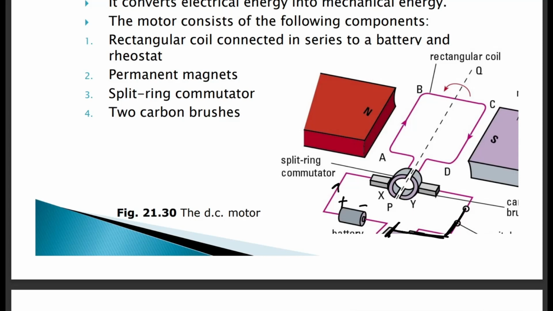Now, the parts that are labeled X and Y are known as the carbon brushes. We are using carbon because it is a good conductor in its graphite configuration, right? You will eventually do this in chemistry, O levels and A levels, that carbon in a graphite configuration is a good conductor.